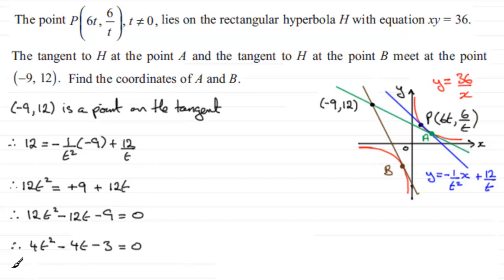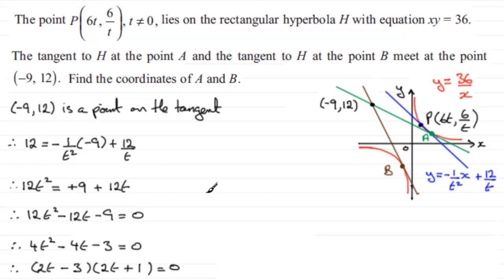And I'm assuming that this is going to factorize, so we'll just go ahead, put a couple of brackets there, equals 0. And when I look closely, I can see that it's going to be a 2t and another 2t to give me 4t squared, and then I need a 3 and a 1. I'm going to have a minus 3 here and a plus 1 there. That should check out. Yes, it does. We got minus 6t and we've got plus 2t, so that's minus 4t.